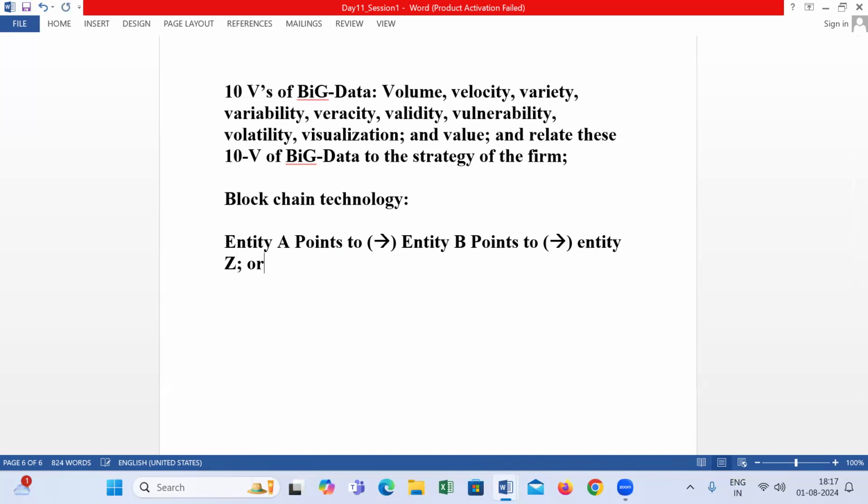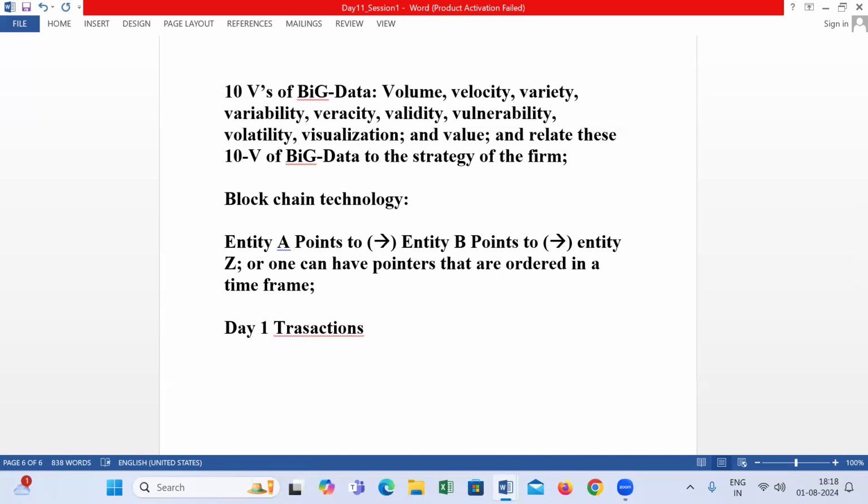Or one can have pointers that are ordered in a time frame. So entity A could be day one transactions. Then it points to day two transaction. And then it points to day three transaction, and so on.